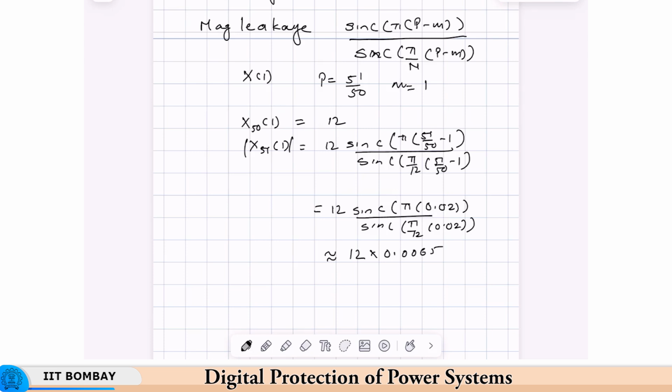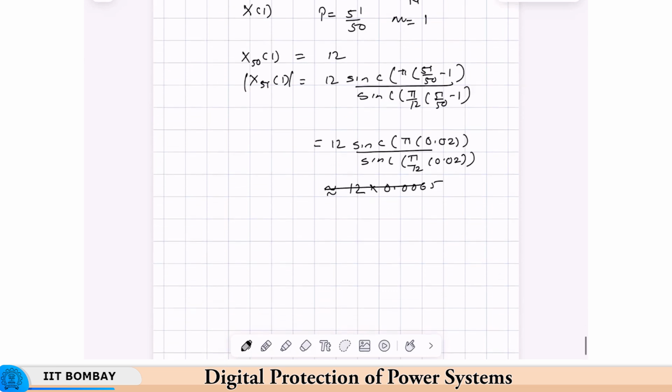So though there is leakage in magnitude, it will be comparatively smaller. I am sorry, there is a slight correction.